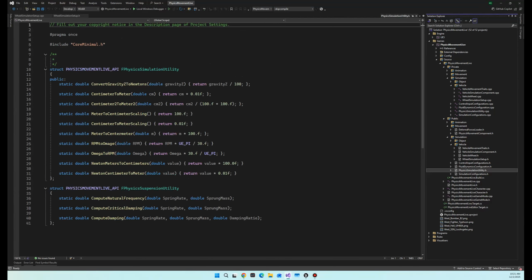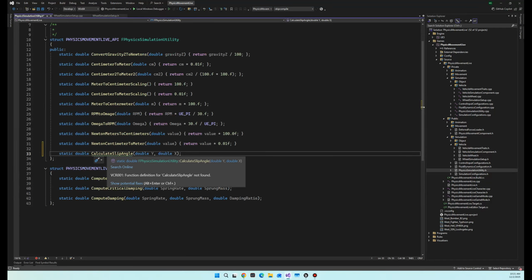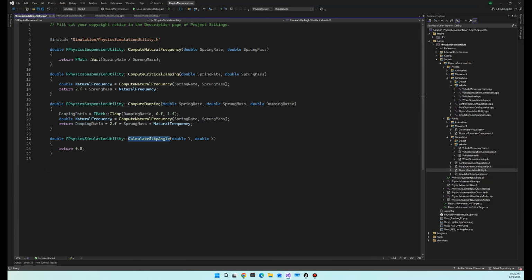So we'll add this in here real quick. Calculate slip angle. I'm just going to add this in here, and let's see if Visual Studio is going to put this in the right place. All right, so there it is. Now let's go ahead and get the implementation done.